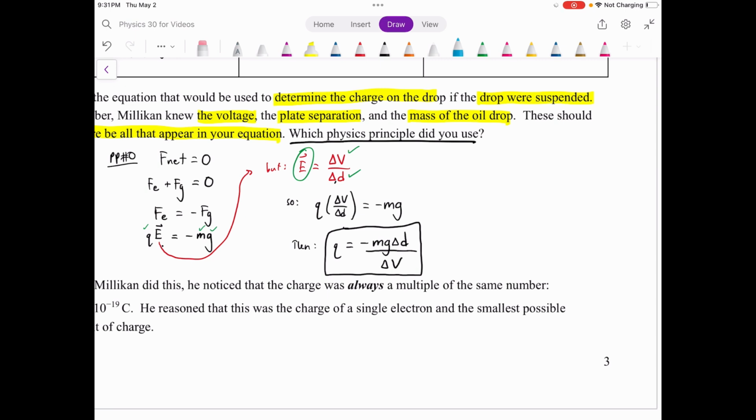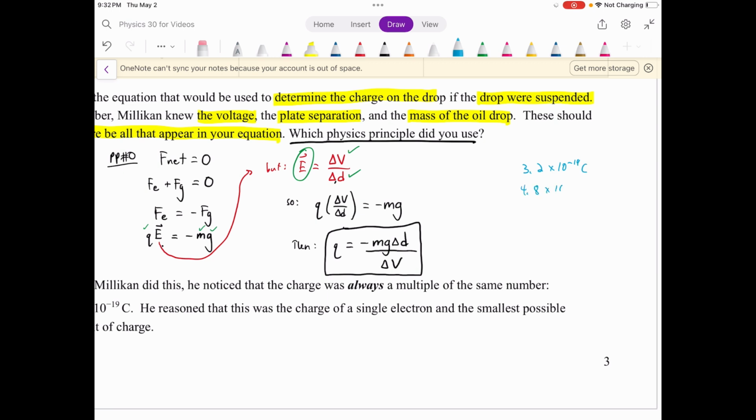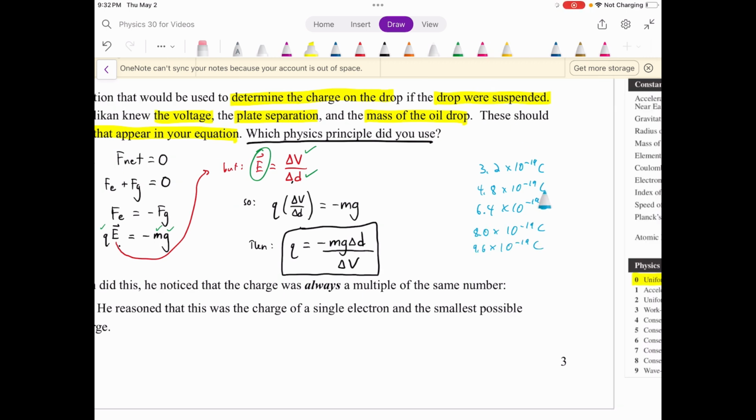Like he might have seen charges of 3.2 times 10 to the negative 19 coulombs. And sometimes he saw 4.8 times 10 to the negative 19 coulombs. And a lot of them had charges like 6.4 times 10 to the negative 19 coulombs. Or 8.0 or 9.6. And sometimes, yes, even ones had 1.6 times 10 to the negative 19 coulombs. Okay?